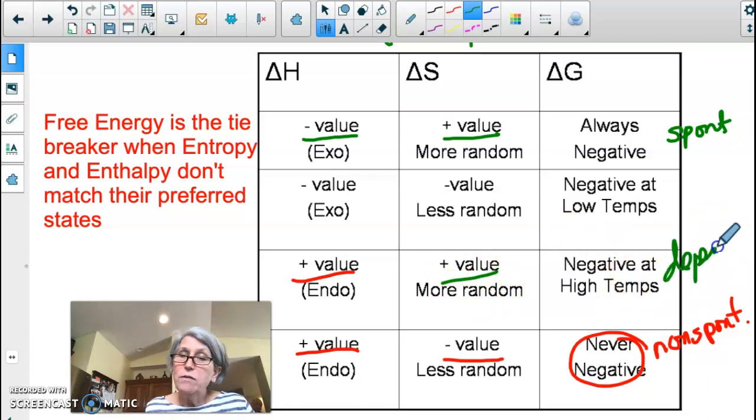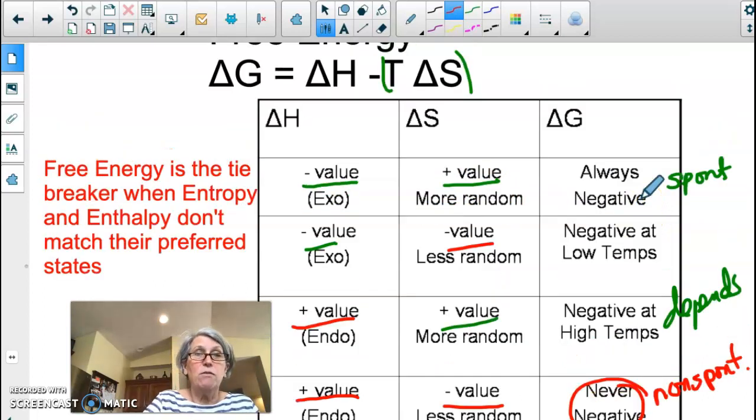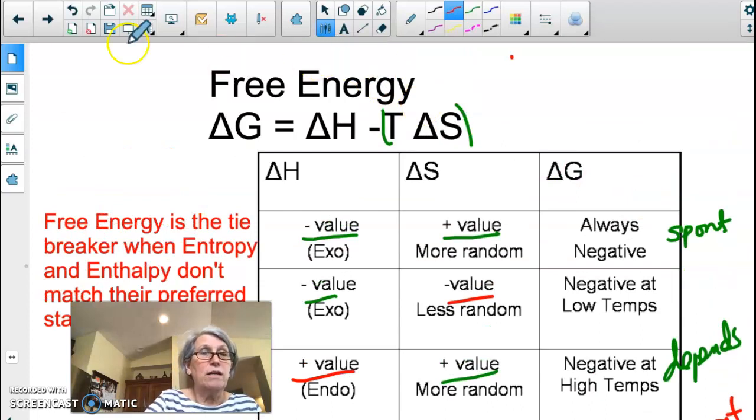It also depends if it's exothermic and the entropy wants to become more ordered. It depends, and what it depends upon is the temperature value that you have with your delta G.